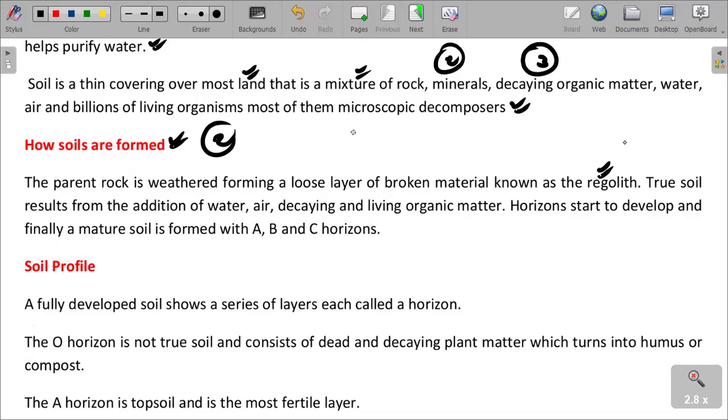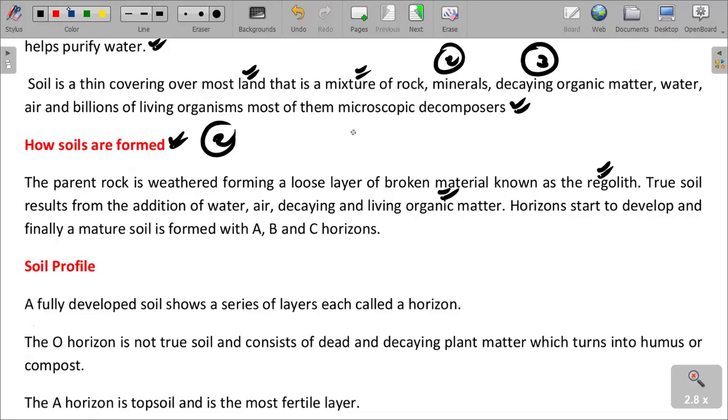True soil results from the addition of water, air, decaying and living organic matter. So horizons start to develop, and finally a mature soil is formed with A, B, C horizons. This identifies what we call the soil profile.